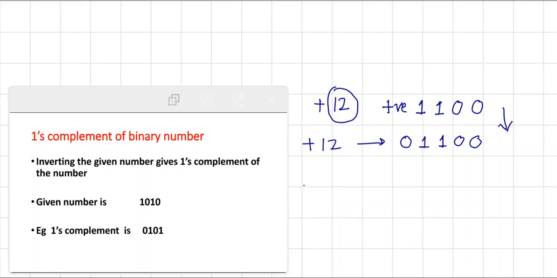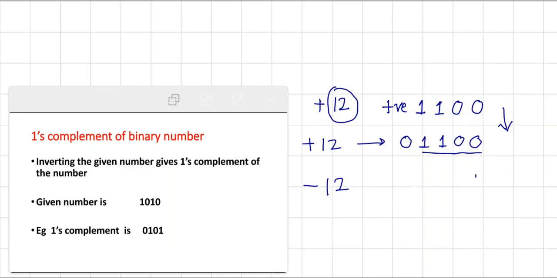But what if we have to represent minus? We already saw that ones complement form is used to represent negative signed numbers. So in that case, we have to invert, or take the ones complement of, the magnitude bits. These are magnitude bits.